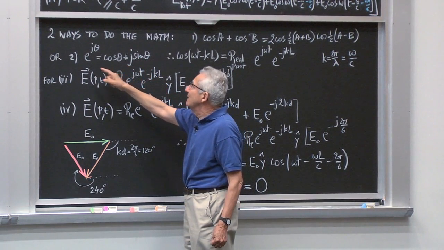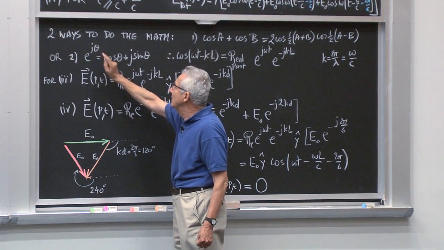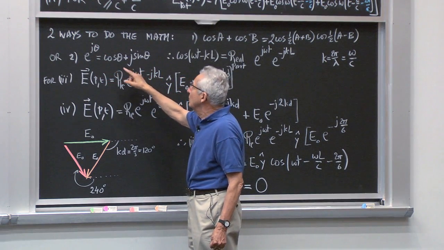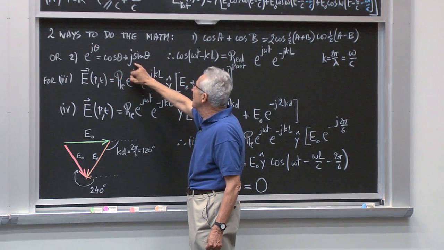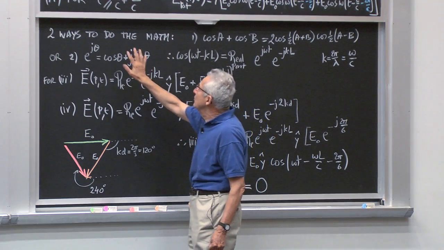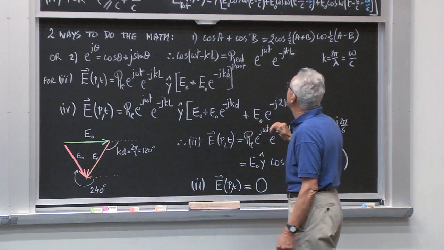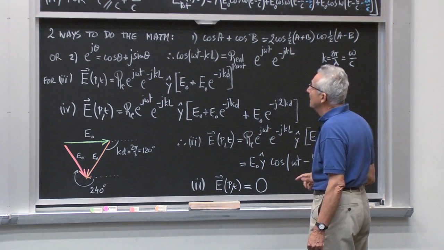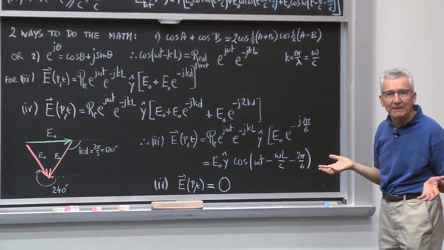You know that this is De Moivre's theorem, that e to the j theta can be written as the cosine of an angle plus j sine of an angle. I can use this mathematical trick to solve the problem of adding these. Remember that at this stage, this is pure mathematics.